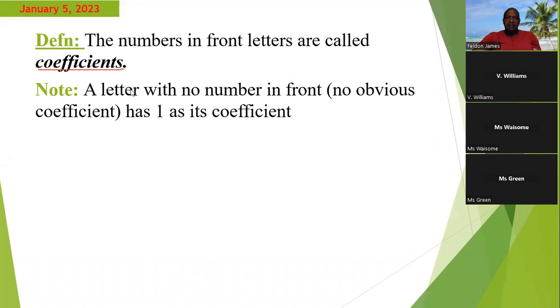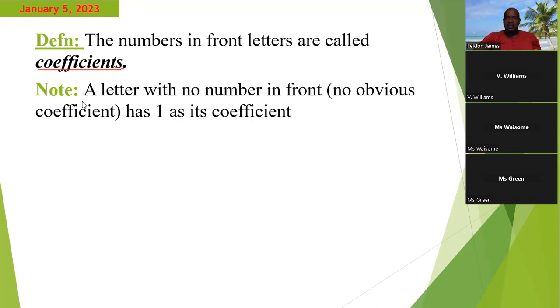Now, there are times when you have letters where you don't see any obvious number in front of them. But we must also realize that 1 times a letter will give you back the same letter.